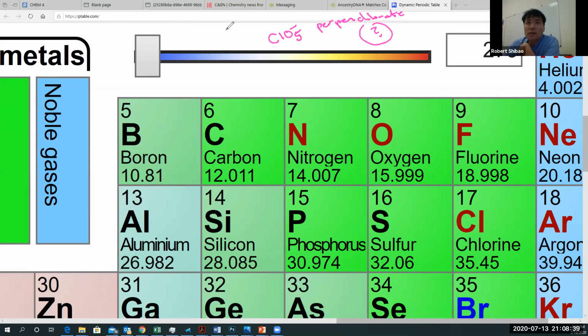The situation here is I have 5 oxygens, so 1, 2, 3, 4, 5 oxygens. Let's give oxygen its favored charge. Oxygen's favored charge is 2 minus, so that's -10. So I have a cumulative charge of -10 from the oxygens. That means chlorine must be +9, because +9 minus 10 will give us the net charge of -1.